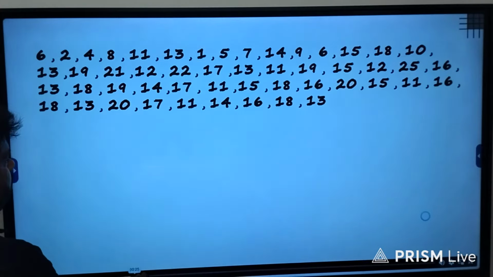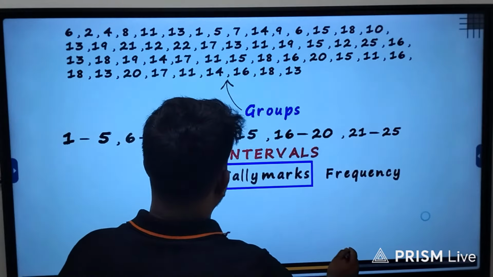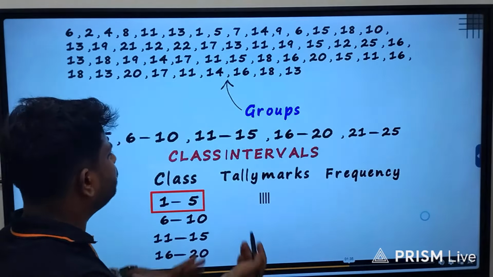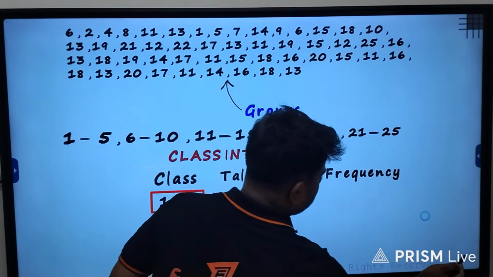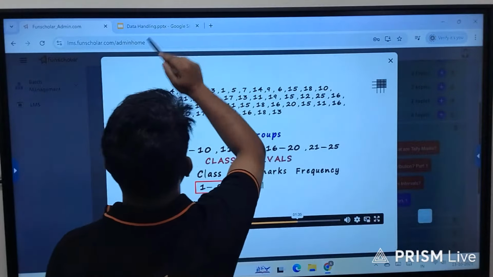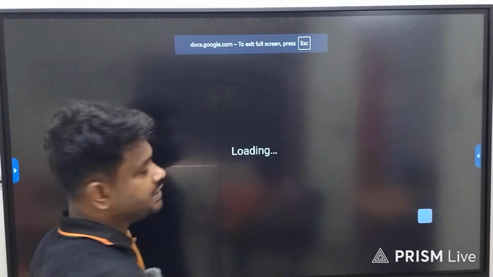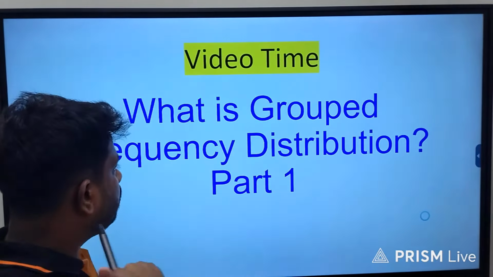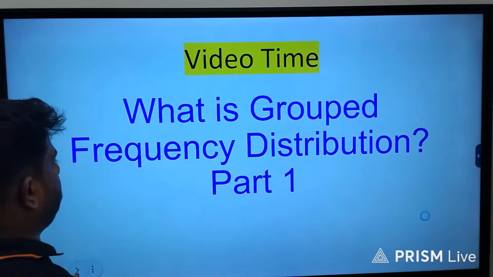So this was the video of classification of grouped data by class interval. This is the same thing we did in the previous slides. This is the frequency distribution of grouped data.